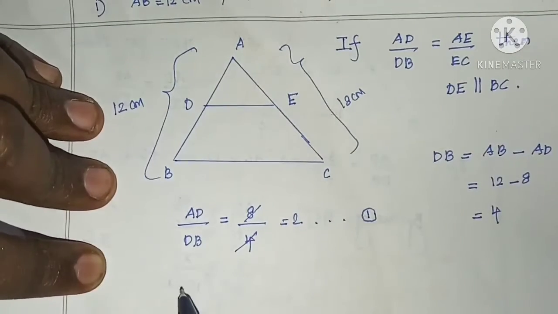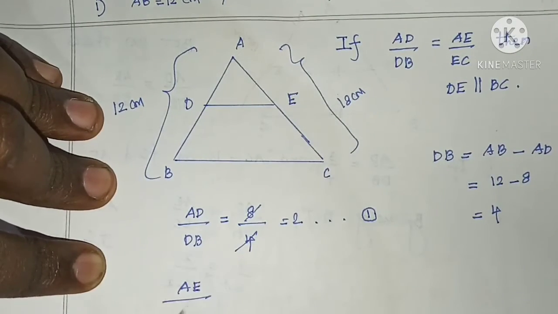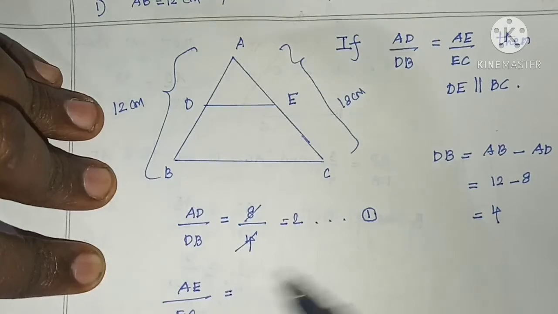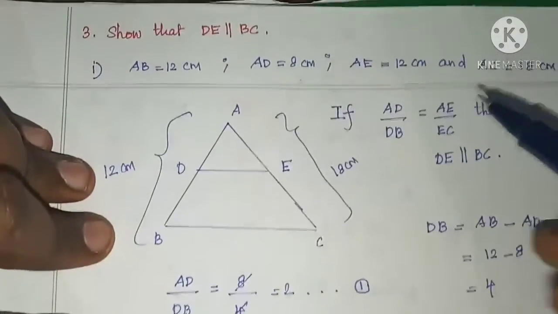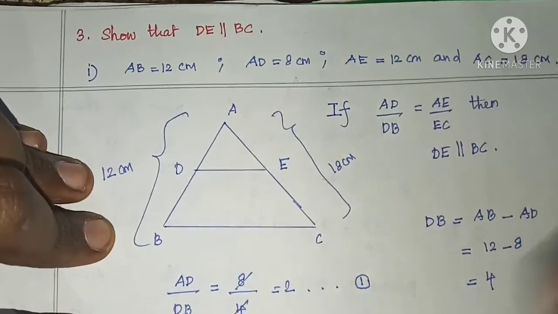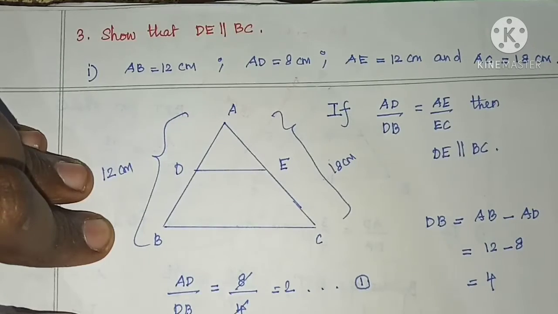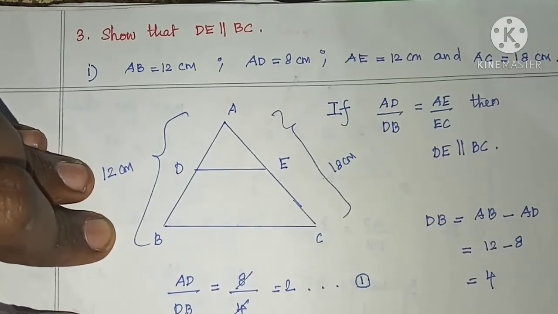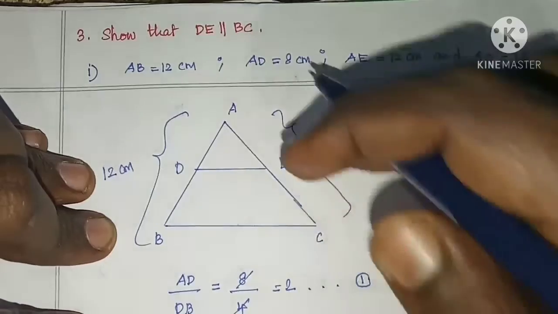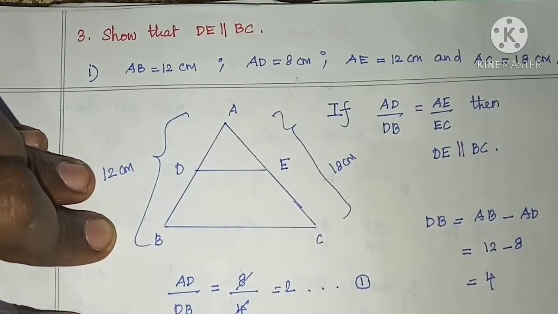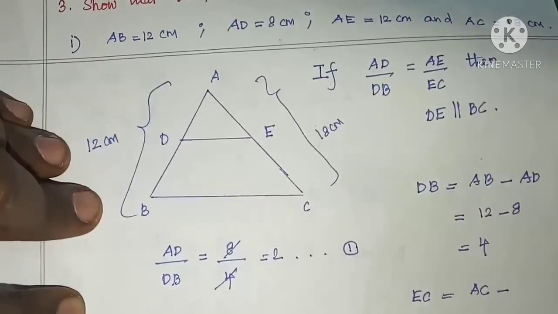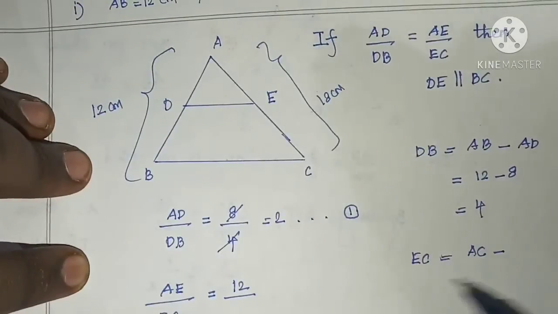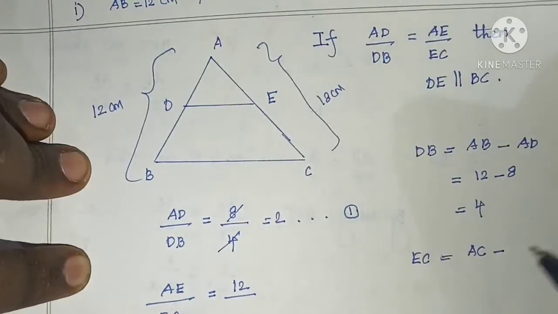Okay. Next, AE by EC. What is AE? AE length is given, that is 12 centimeter, by EC. Here also the same. This EC is equal to AC minus AE.